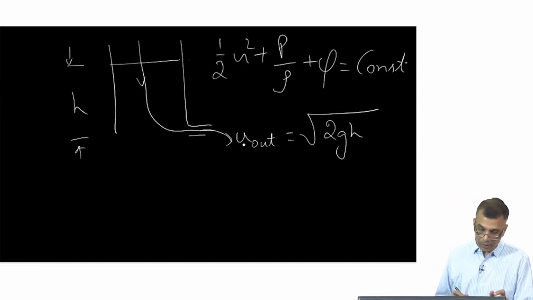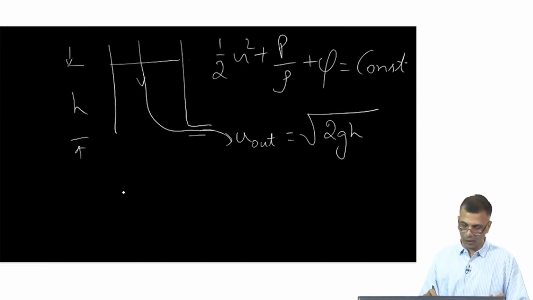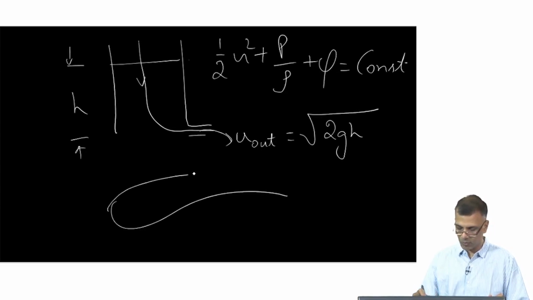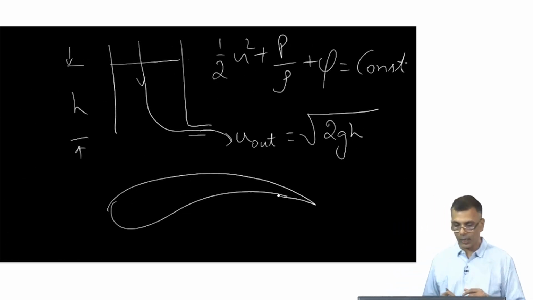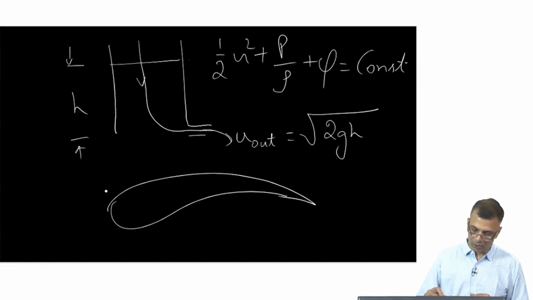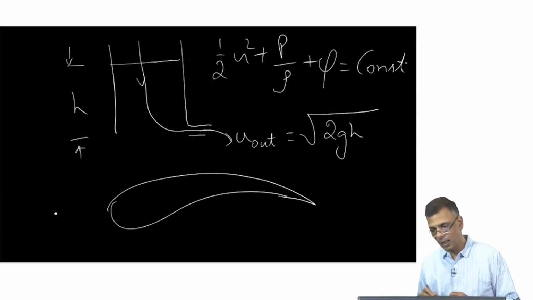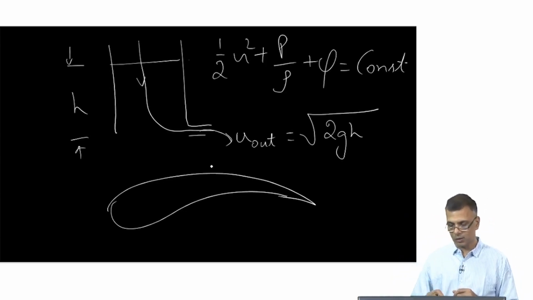This is one thing. The other thing we did was, and I'll say this very briefly, we considered an airfoil that looks somewhat like this. It's essentially a section of an airplane wing, and by considering one streamline that goes all the way across the airfoil, and knowing that the Bernoulli constant is constant all along the streamline, and since the airfoil is very, very thin, phi is pretty much the same above and below.